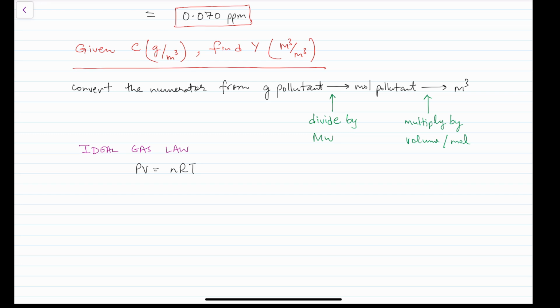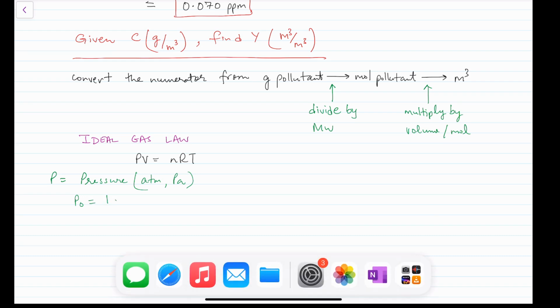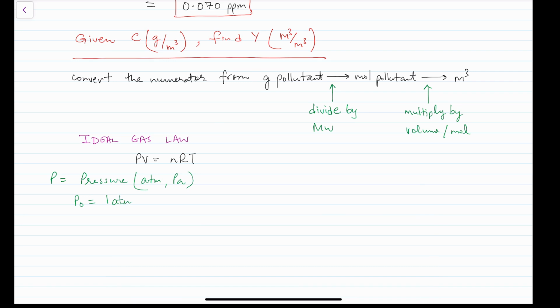So this is just a quick refresher on this. Here P is pressure. P stands for pressure, and in the units of atmospheres or pascals. P naught is considered the atmospheric pressure, which is 1 atmosphere, and which is also equal to, in terms of Pascal, 101,325 pascals.